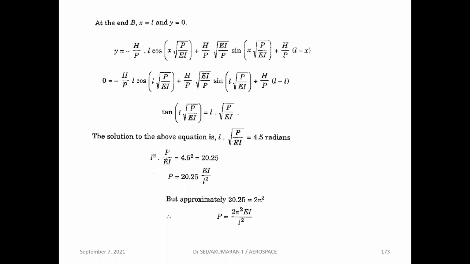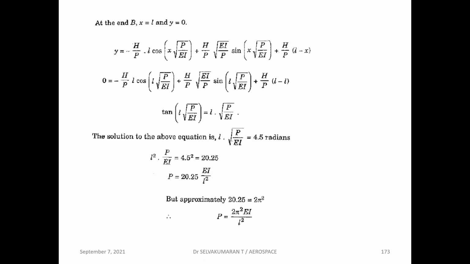So now we have seen the derivation for Euler's load formula, critical load or crippling load formula for all 4 end conditions. When both the ends are hinged, P critical will be pi square EI by L square. When both the ends are fixed, critical load formula is 4 pi square EI by L square.